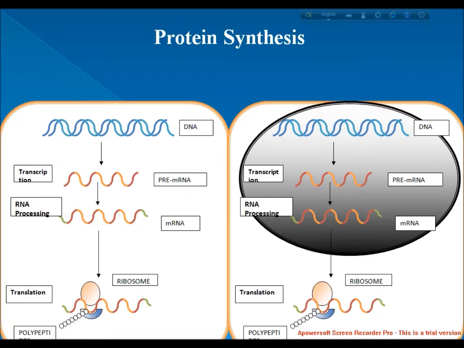In prokaryotes, transcription and translation occur in the same cellular compartment, the cytosol. Ribosomes are the site of translation. In eukaryotes, not in prokaryotes, mRNA is synthesized in the nucleus from pre-messenger RNA, pre-mRNA molecules, and then shifted to the cytoplasm where translation occurs.